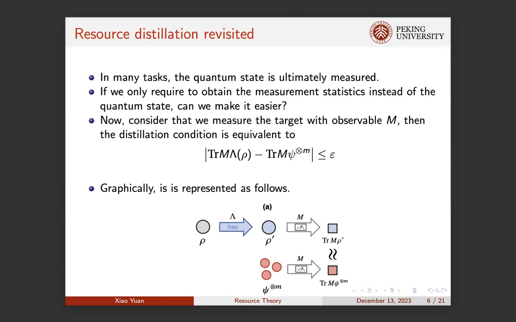Because if the two states are far away, then you could find some measurement so that their measurement outcomes are also very different. So here we have not extended the resource distillation framework. This one is equivalent to the conventional definition.